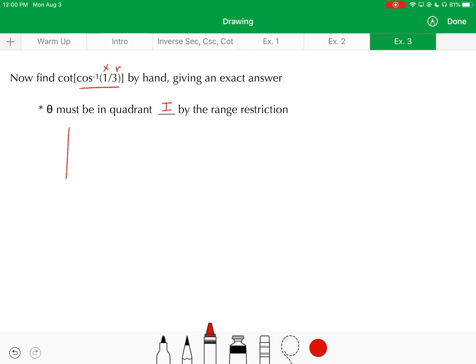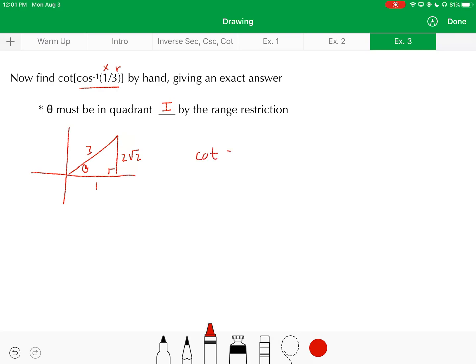So let's draw this out. Here's theta, 1, 3, I'm sorry, 3's up here. And then that's going to make this 2 radical 2, using the Pythagorean theorem. Notice I can't reason out theta's exact value here, but I don't need to know its exact value.